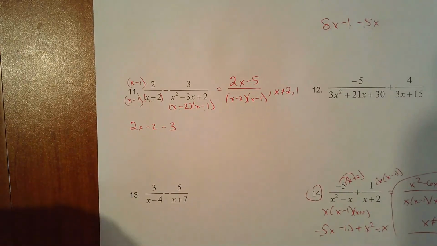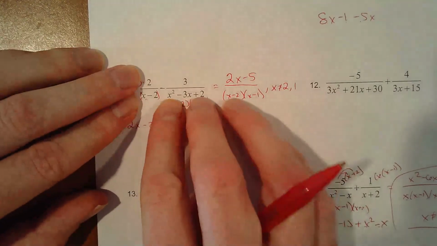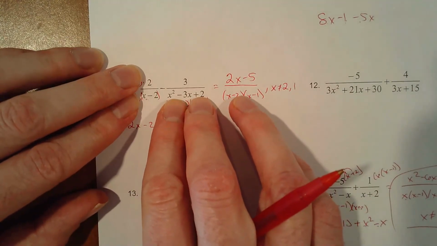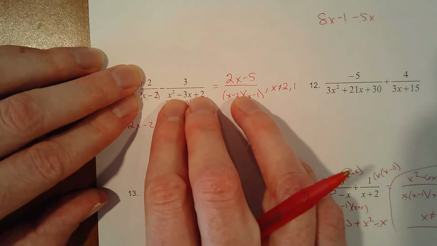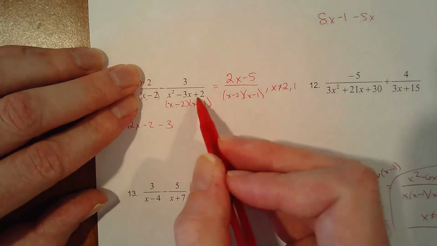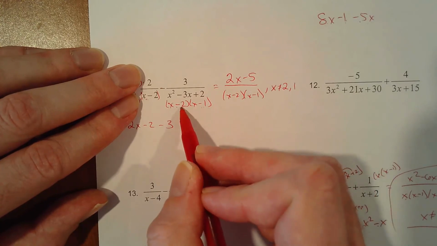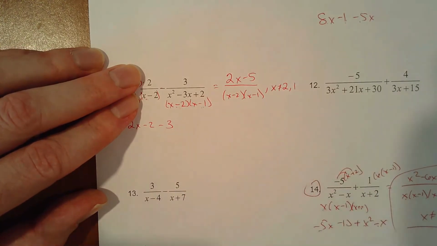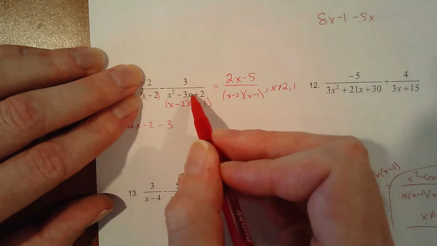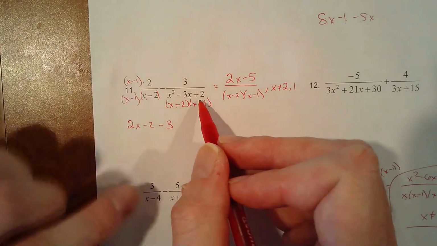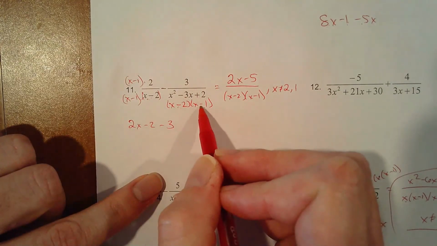Number 11, again, look at the original. Try to ignore my work right now. I had x minus 2 and x squared minus 3x plus 2. Well, let's factor them first. So I factor this guy. It'd be x minus 2 and x minus 1, because negative 2 times negative 1 equals 2. So I got x minus 2, x minus 1. Here's x minus 2.